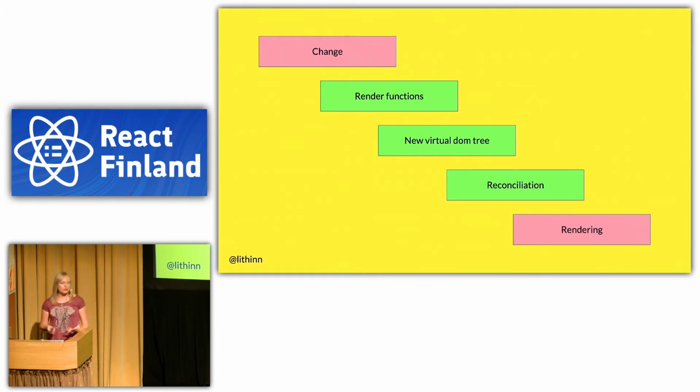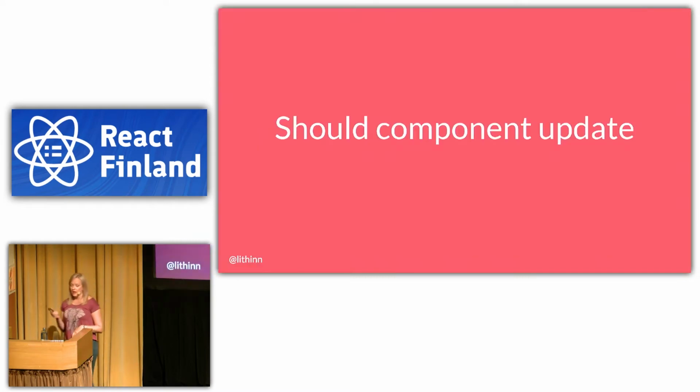And we think maybe the reconciliation of comparing whether they should actually update something in the UI is taking a long time. But no matter what it is, we realize that the fewer changes we make, the better the performance is.